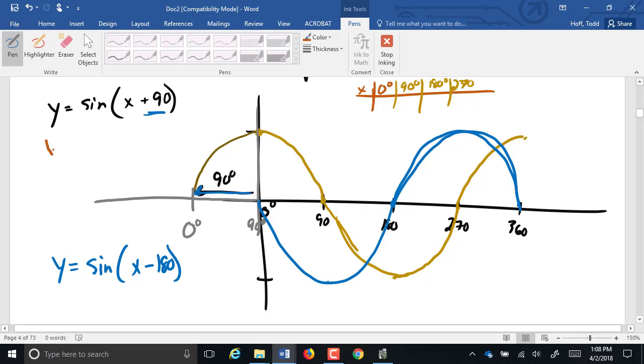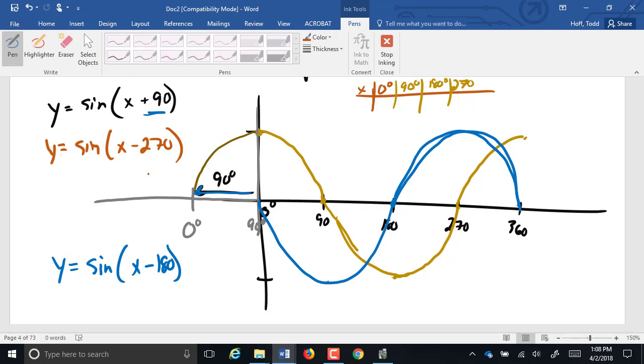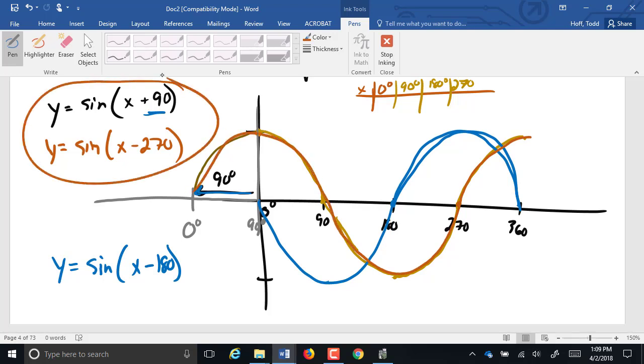Oh, good point. What's that one going to look like? Zero is going to be at 270 right here, right? Yeah, why?